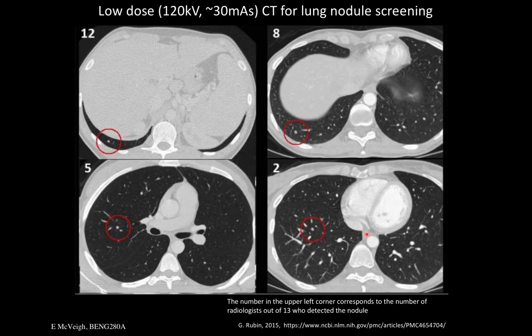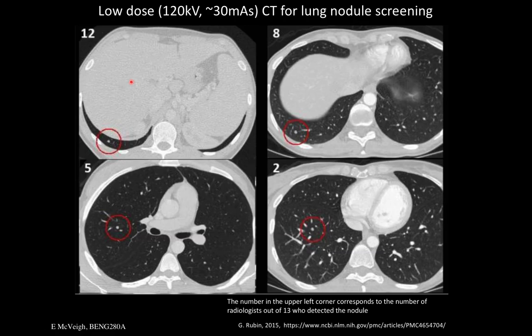So here are 4 of those cases of progressively more difficult calls. This number in the corner comes from a trial where you just give images to radiologists and ask them to make the call, and they get thousands of images. They just do it, bam, bam, bam.